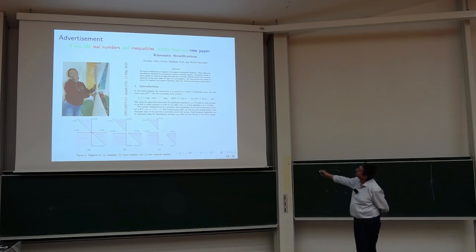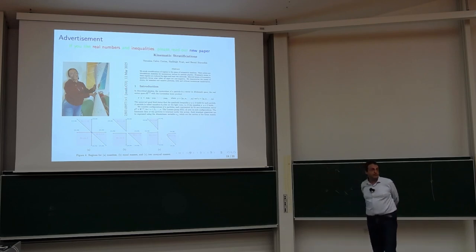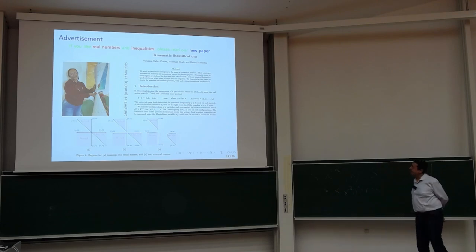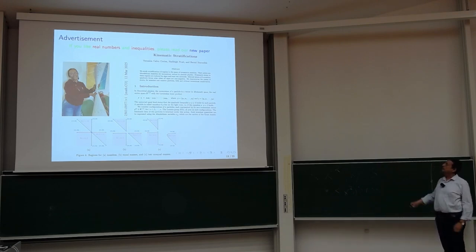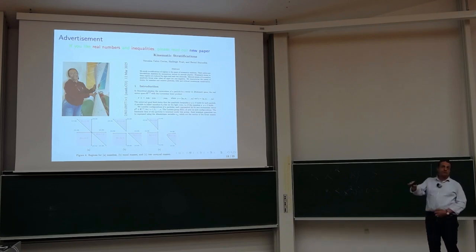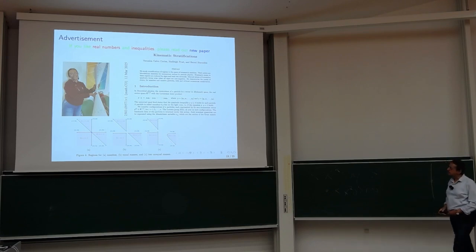There's a new paper called Kinematic Stratification. Veronica, that's her, is a PhD student in Leipzig, and this is with Hadley Frost, who's a postdoc at Princeton. The nodes for this project are in Munich, Amsterdam, Princeton, and Leipzig.